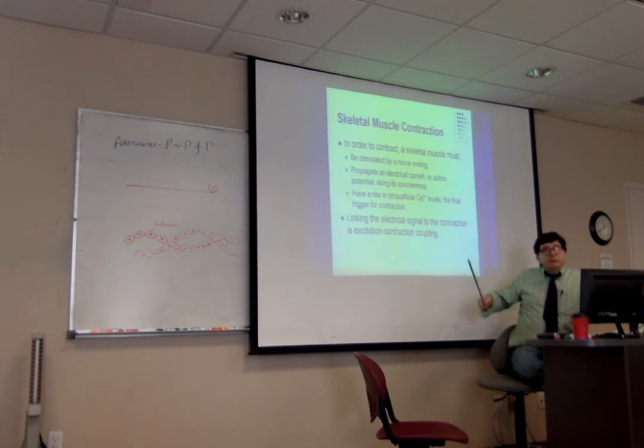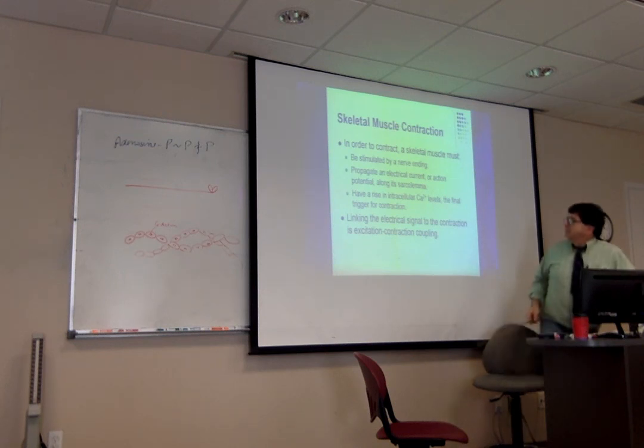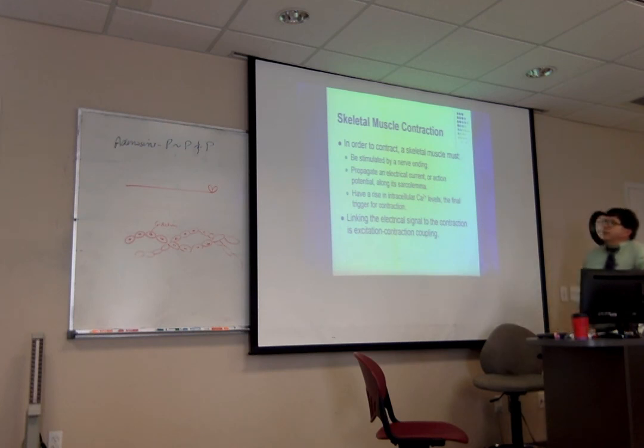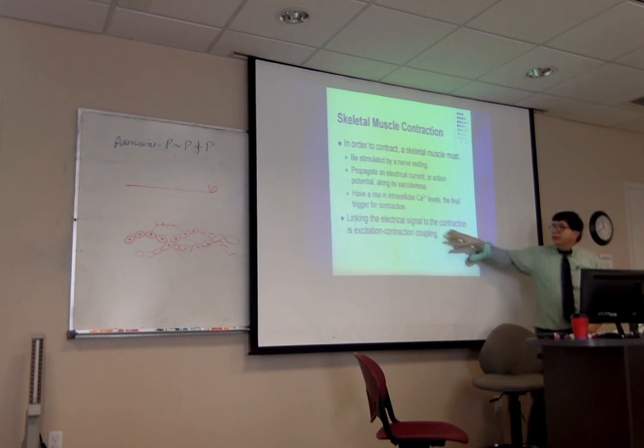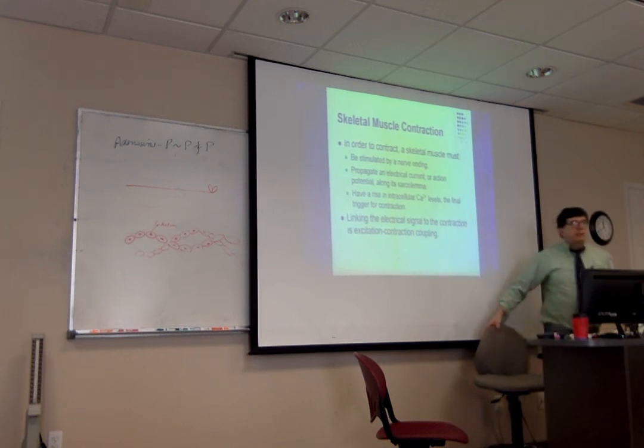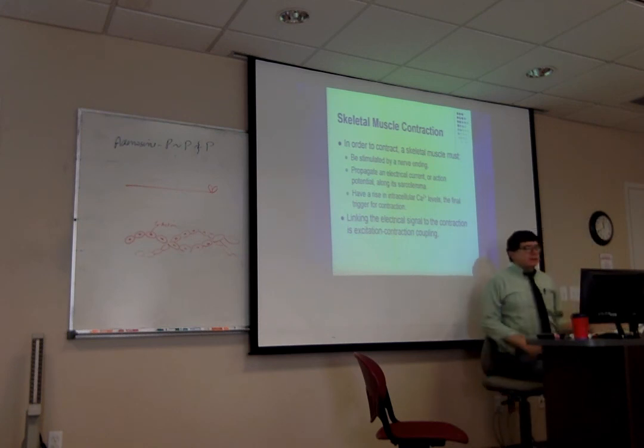And that calcium is necessary to trigger contraction because it binds to troponin and exposes the binding sites. This linking of the electrical signal to the mechanical event, contraction, is called excitation-contraction coupling. This refers to the mechanism by which we link an electrical event, the action potential, to the contraction of the muscle, a mechanical event.